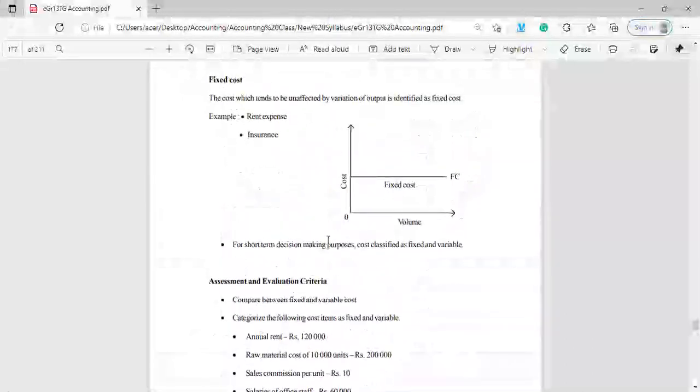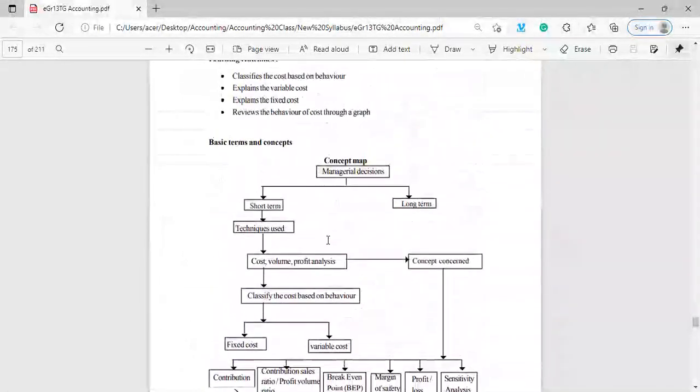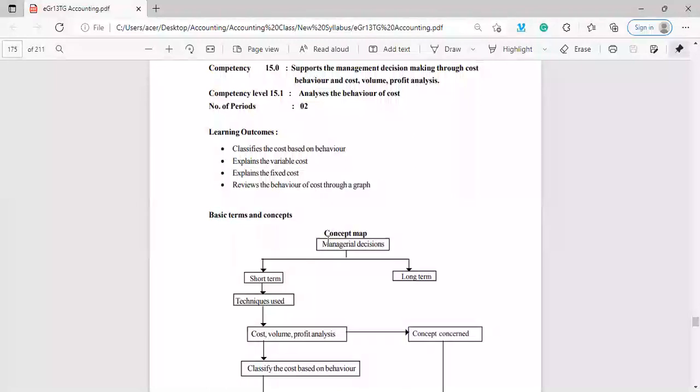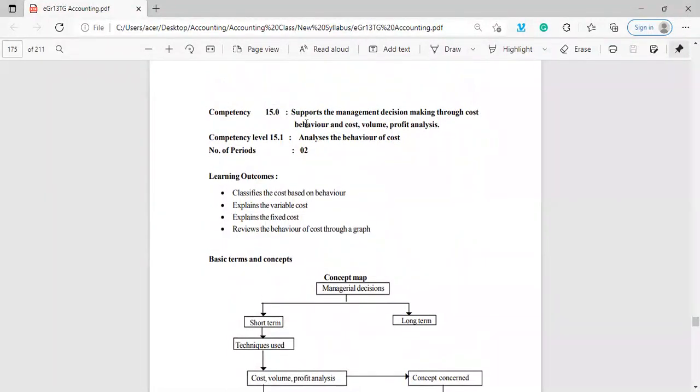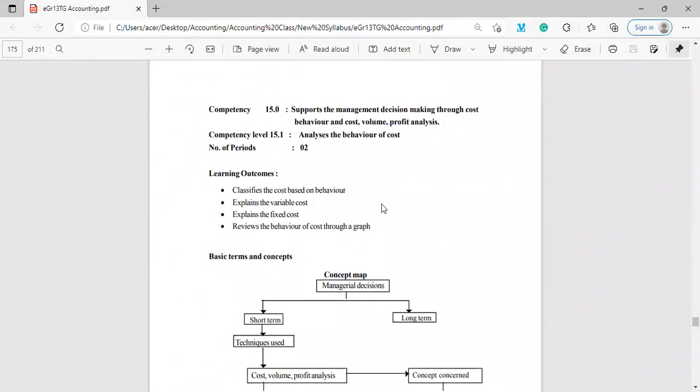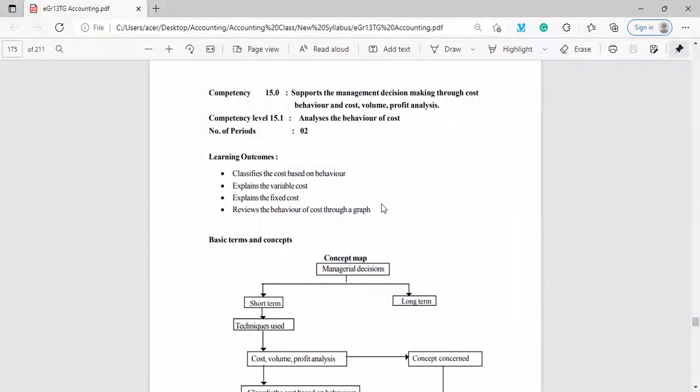We are doing marginal costing today, right? I just explained the things. In marginal costing, it's actually cost volume profit analysis, which is based on the cost behavior, right? So cost behavior means we classify the cost mainly in different ways. One way of classifying the cost is based on its behavior, how it changes, which is fixed cost and variable cost, right?